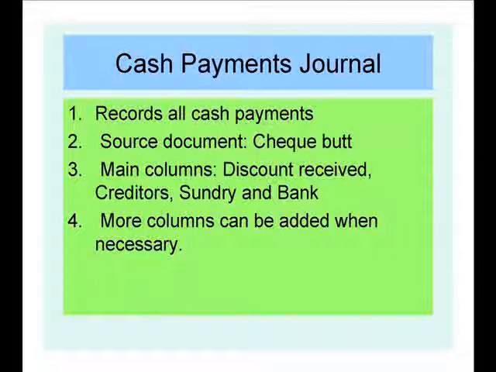The cash payments journal, as you know, records all cash payments. Source document is the check butt. The simple format consists of discount received, creditors, sundry and bank columns. More columns can be added when the business is becoming large.